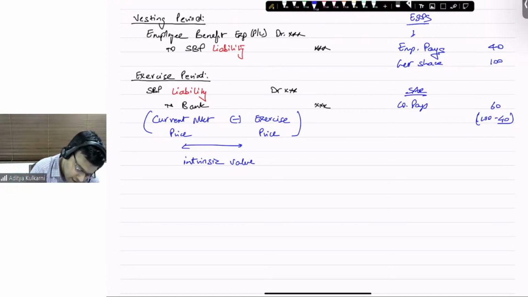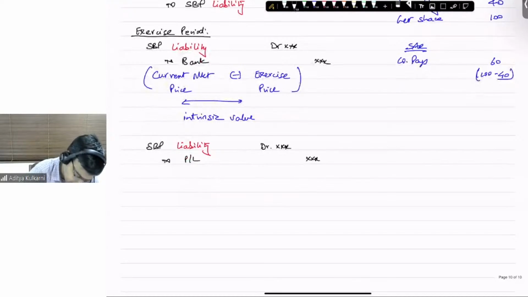Okay. In the case of lapse, the entry is going to be SBP liability debit. Sir, where will this go? This goes to the P&L. It is like a liability written back.